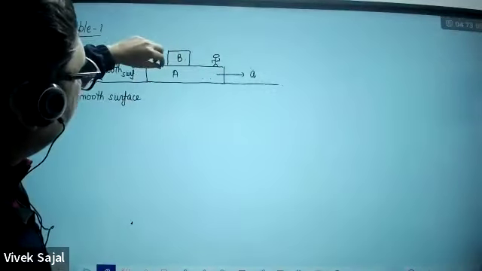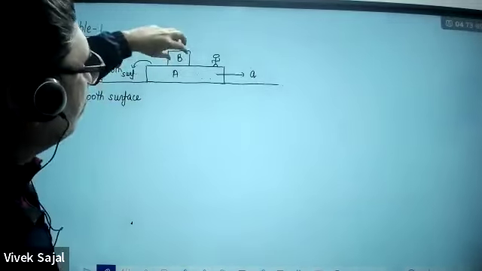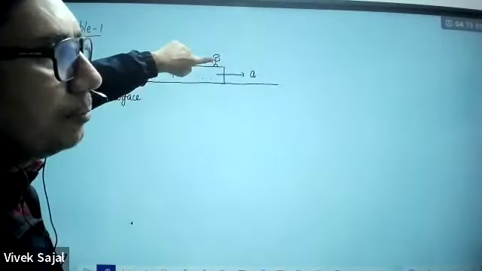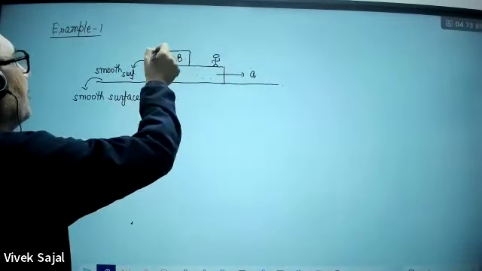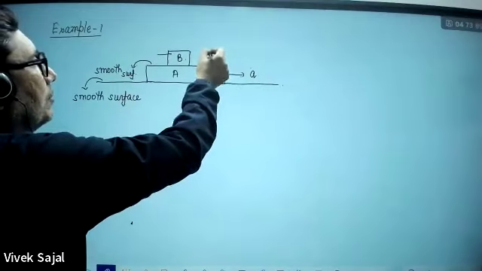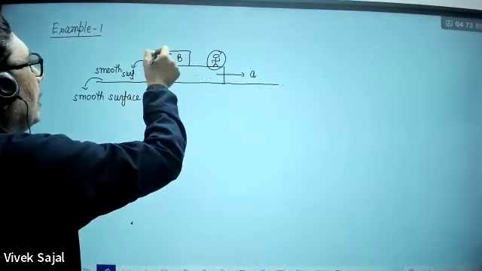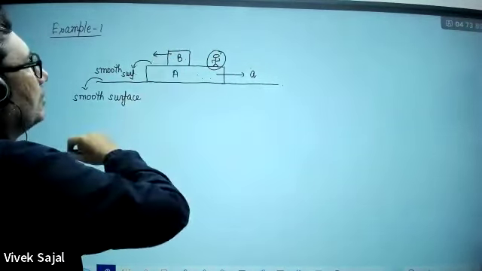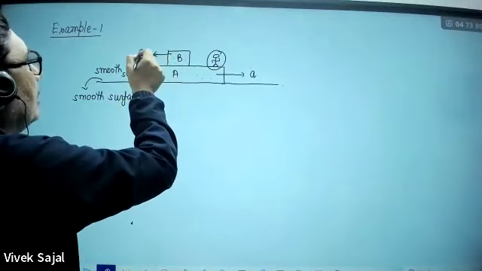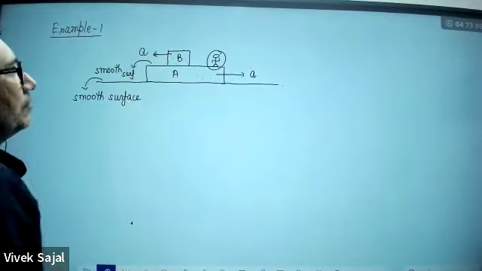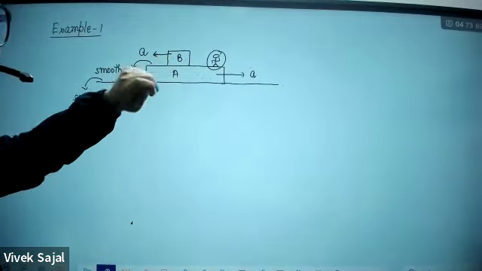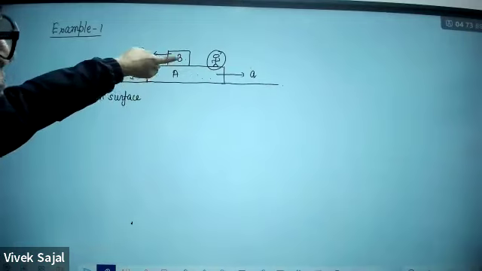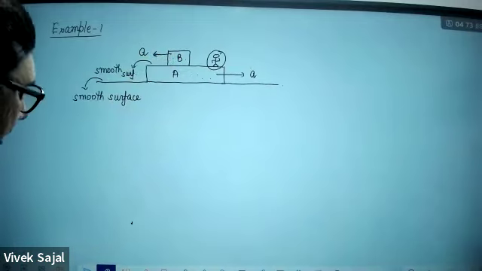From this person's point of view, he will observe that this block is moving in the backward direction with an acceleration a. B is at rest; no force is acting on it.